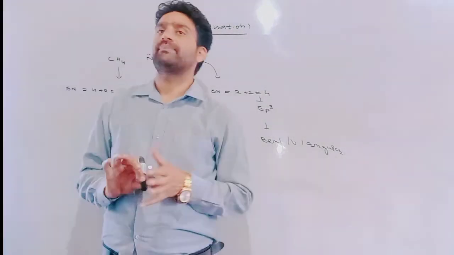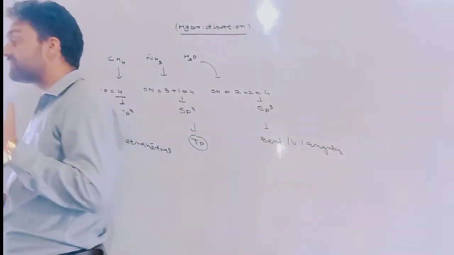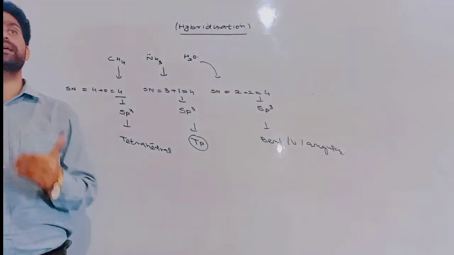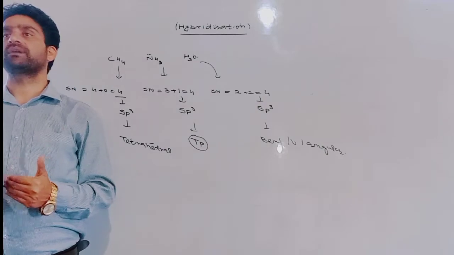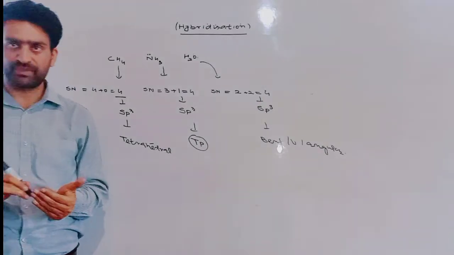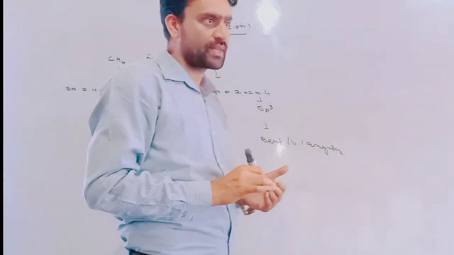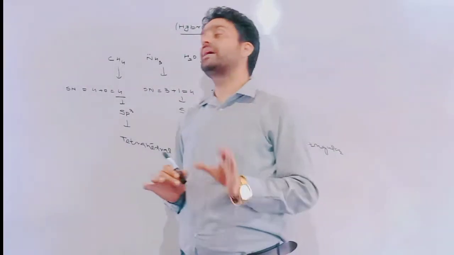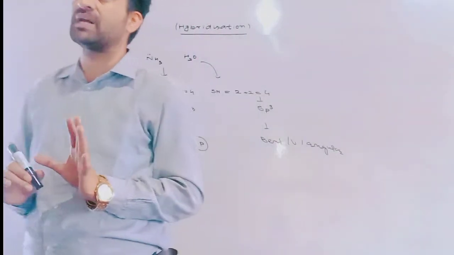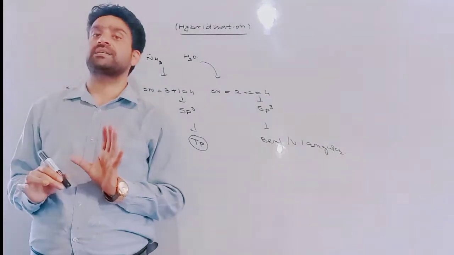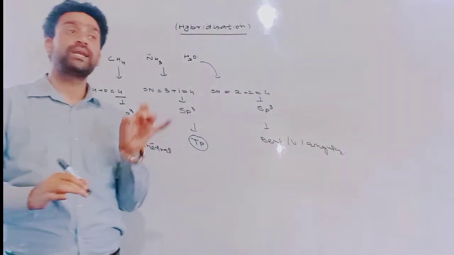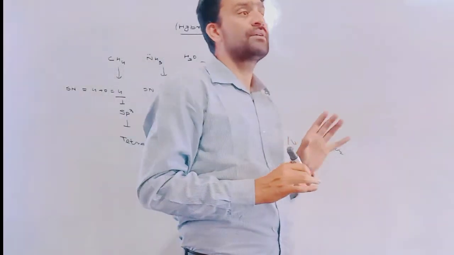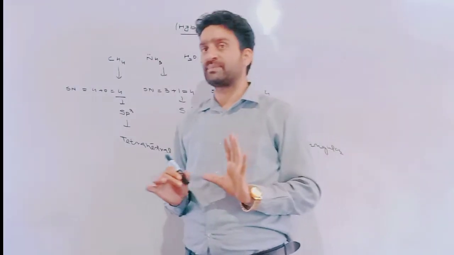Basically, hybridization is a thought process which we use to provide a scientific proof in order to find the shape of a molecule. Hybridization does not explain the shape of the molecule, it is energy which explains the shape. Every molecule attains that geometrical shape which has minimum energy and maximum stability.